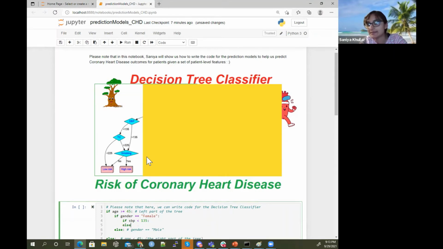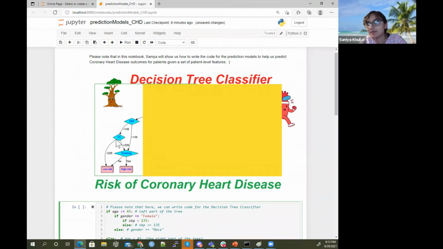Else, we are coming here to this part. SBP is greater than 135. And just to make it simple, just make it if it's less than 135. Otherwise, if it's greater than or equal to 135, let's just make it greater than or equal to. So if systolic blood pressure is less than 135, then we're checking.